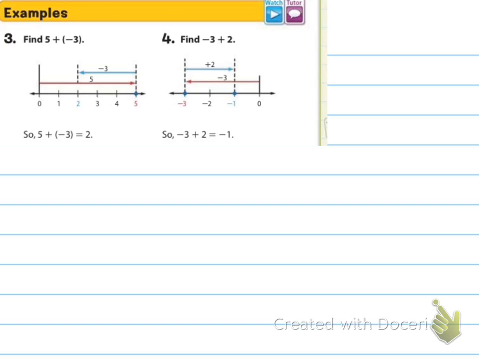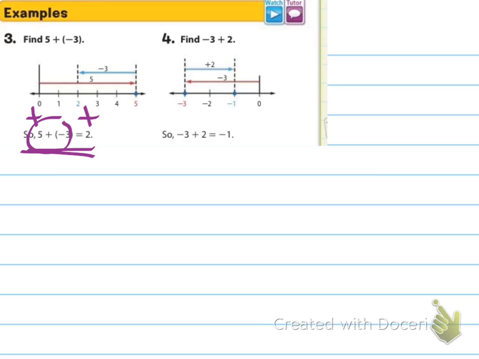Now, same signs add and keep, different signs I'm going to subtract and take the sign of the higher number. Remember it's absolute value. So 5 in this case is bigger than 3, so I know that my answer is going to be positive. So I'm just going to subtract 5 minus 3, and my answer 2 will be positive.